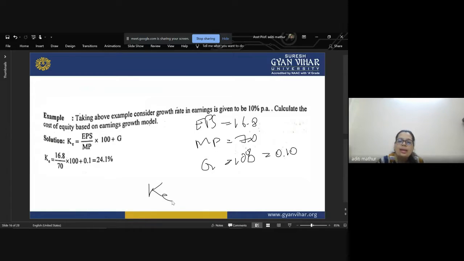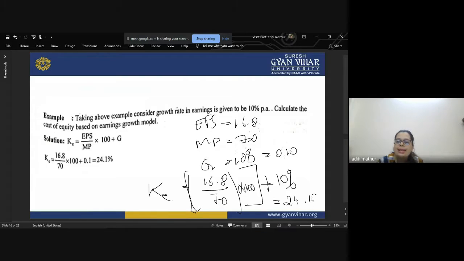So now KE will be equal to 16.8 divided by 70 into 100, added with 10%, and your KE will be 24.1%.